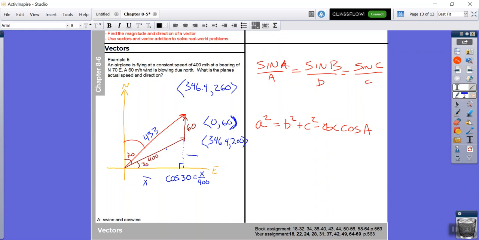The next thing we need to do is find this angle here.